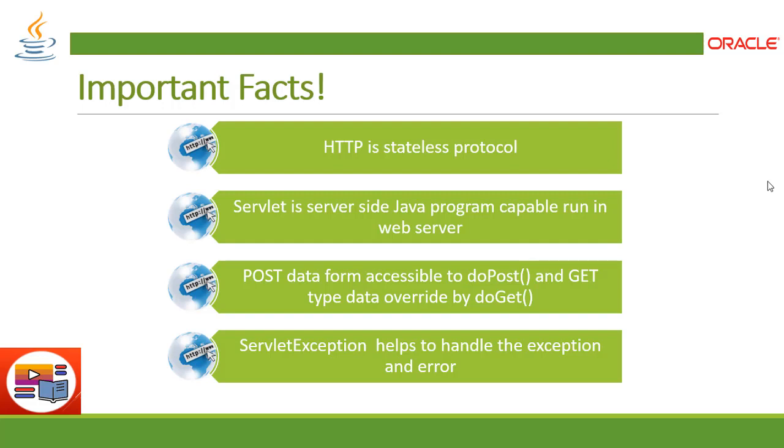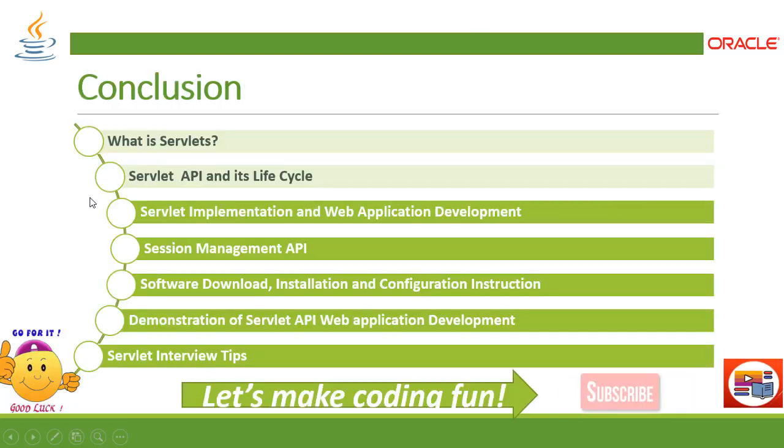There is a difference between doPost and doGet that you will learn when we actually work and develop an application in a few chapters. In Servlet API, we have ServletException, which helps to handle exceptions and errors while working with the web application. So this is all about the Servlet APIs and the lifecycle methods.